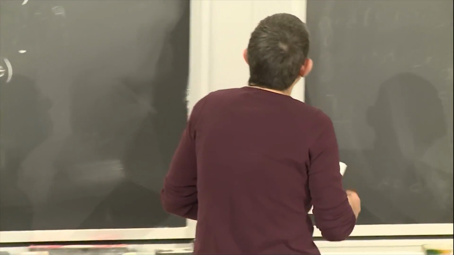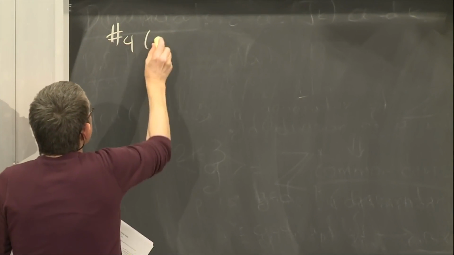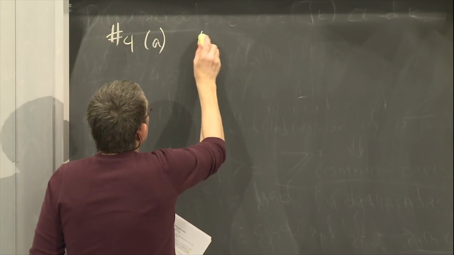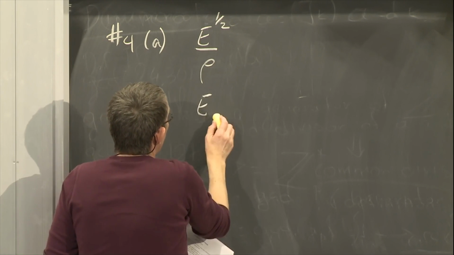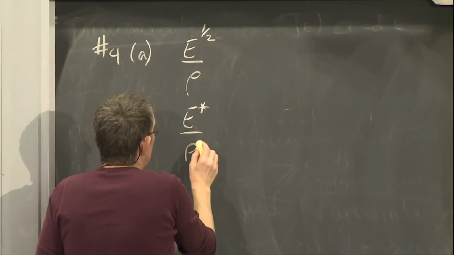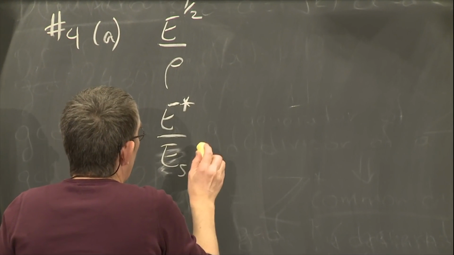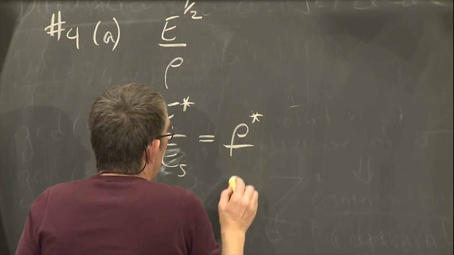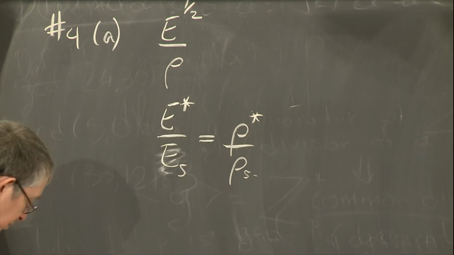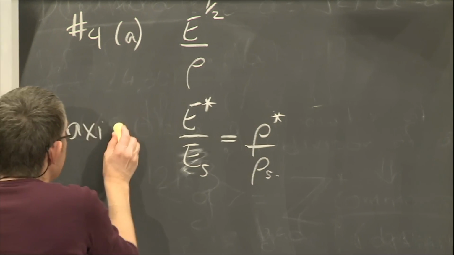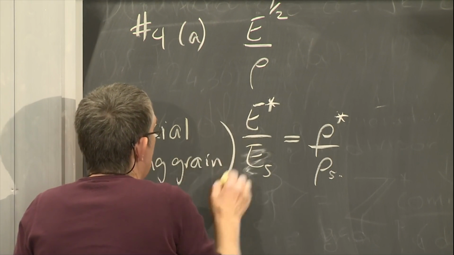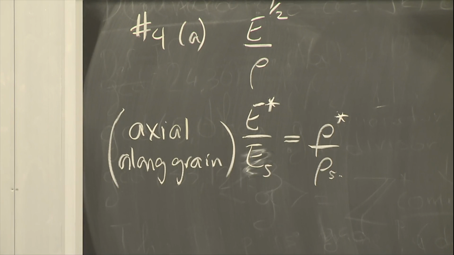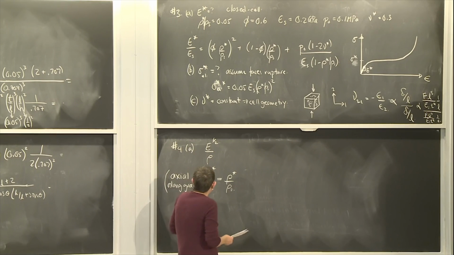So one way to explain it is to say that if you're looking at E^(1/2)/rho, for wood, E over E_s is equal to rho* over rho_s for loading in the axial direction. This would be for loading along the grain, and that's what we were looking at.